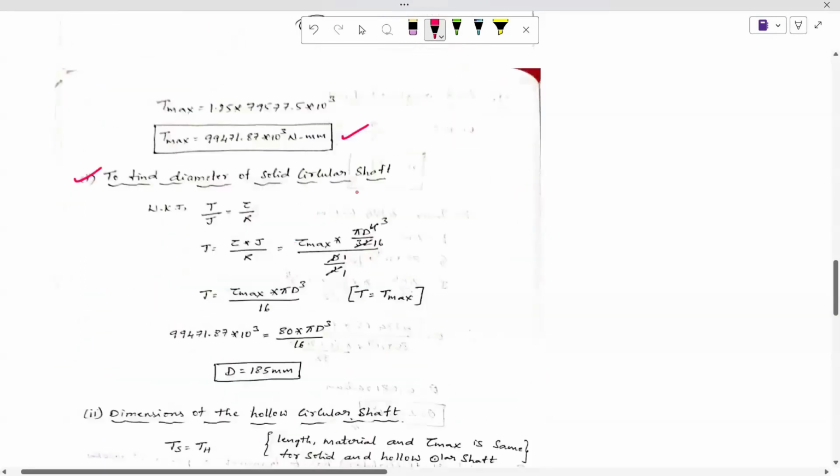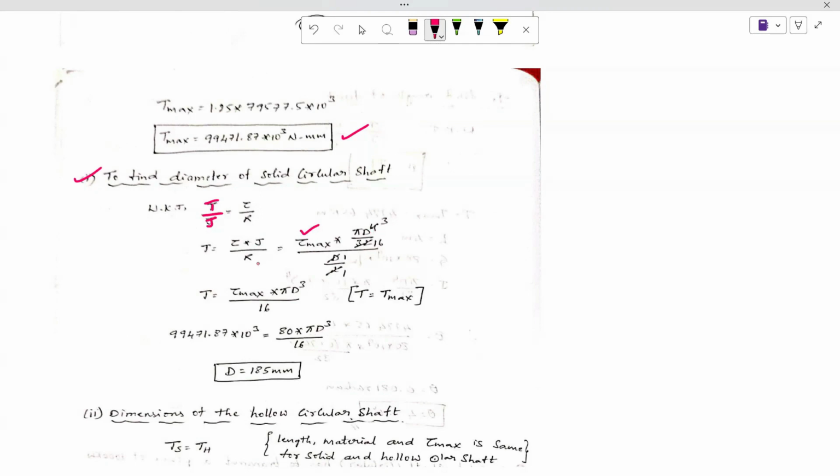What is the diameter? For that, from the torsional equation, T by J is equal to tau by R. From this, T is equal to tau into J by R. Tau is maximum, because for maximum torque you need to consider the maximum shear stress. J is the polar moment of inertia, pi d to the power of 4 divided by 32.